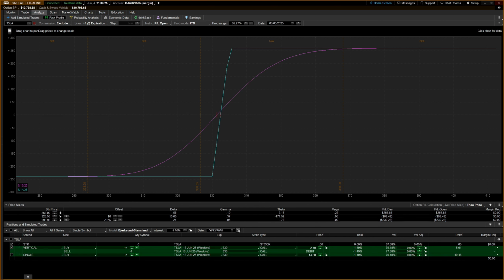You are exposed for those 4 hours to Tesla potentially dropping below your short strike, thereby not getting the full profit or any profit potentially, depending on all kinds of variables here. So you're taking a risk.